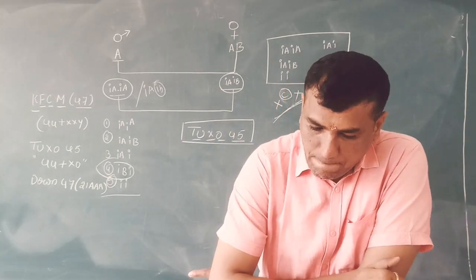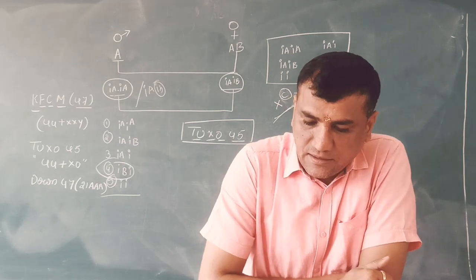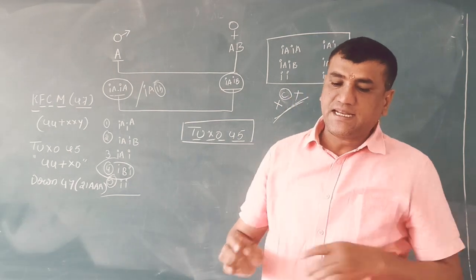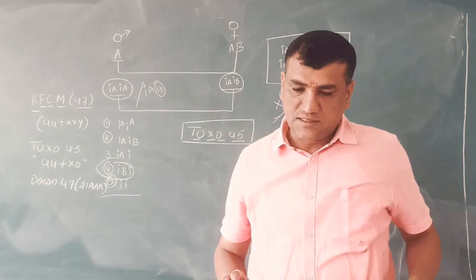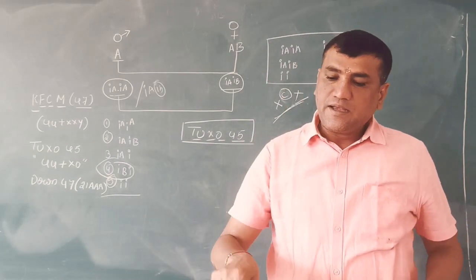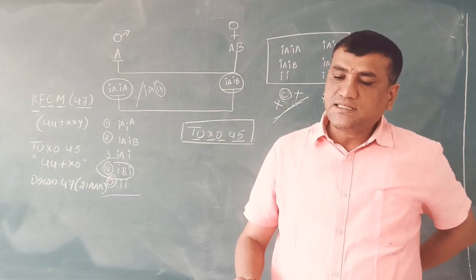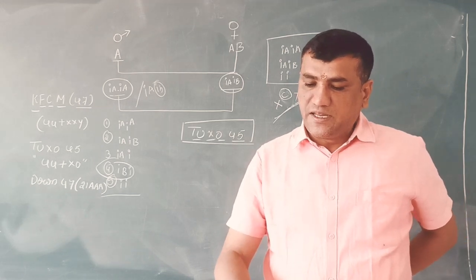Next, following complement will form intersex Drosophila. Sir will discuss about Drosophila. Next, 41. The X body of Henking was observed in.